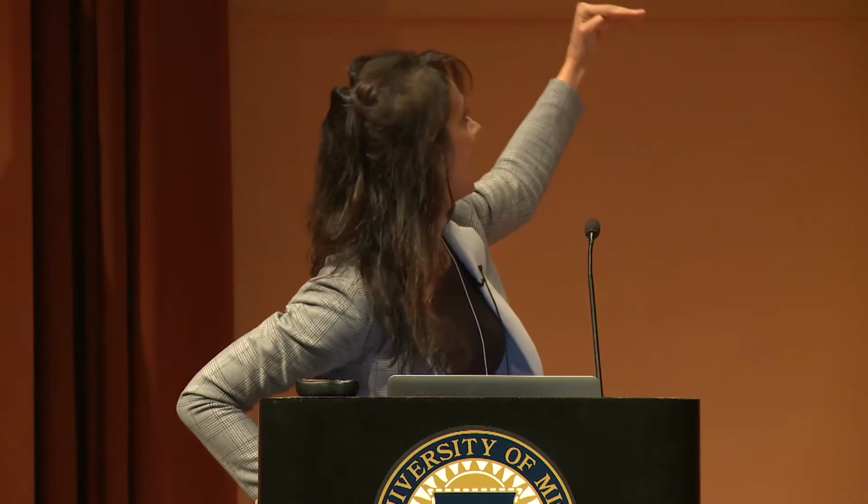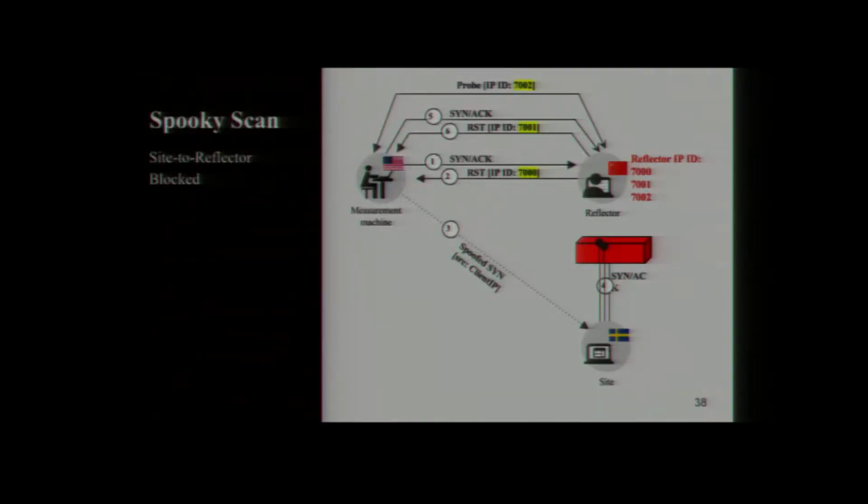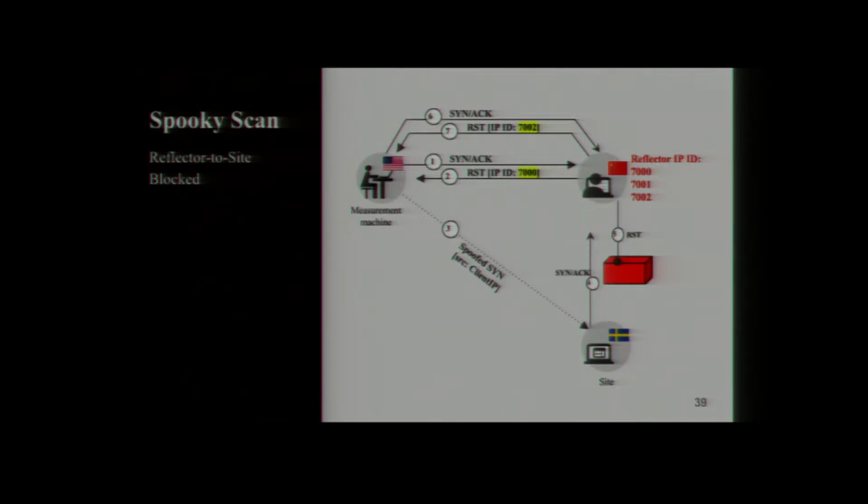So consider a scenario now where there is blocking happening between the site and the reflector. My first IP ID query is going to show 7,000. The second one is going to be 7,001, and the third one is going to be 7,002. So I see a jump of 1, 1. So I learn that nobody could talk to this reflector at that time.